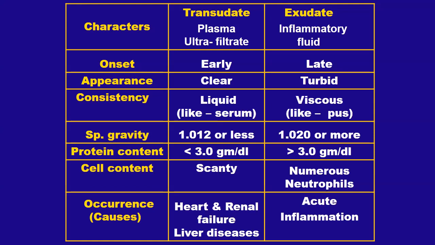So, it is important to differentiate between transudate and exudate because each one has different causes. If you know the accumulated fluid is transudate or exudate, you can know the diagnosis of the disease or the lesion that causes it. Thank you for your listening.